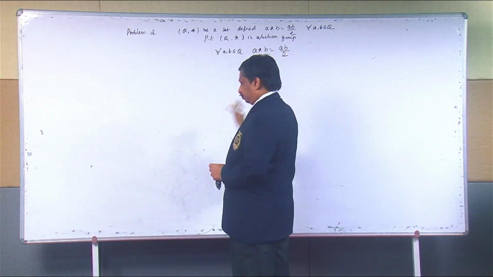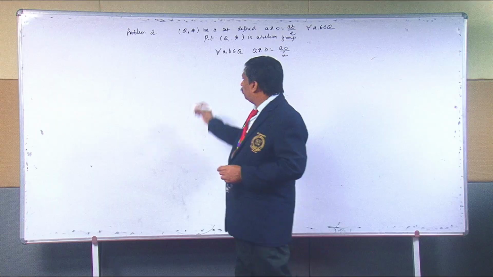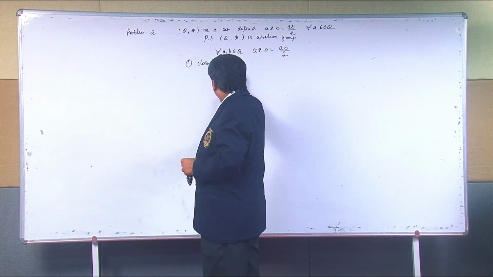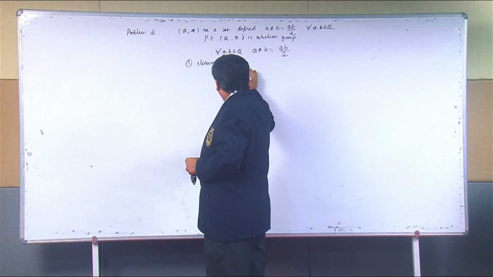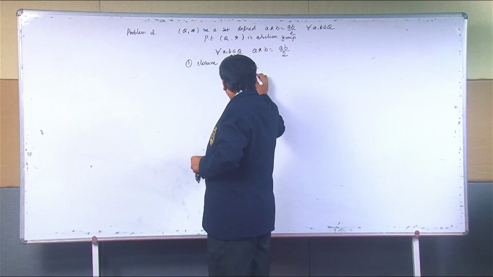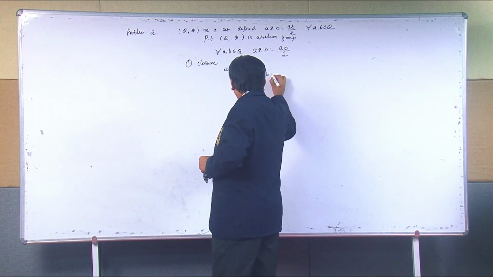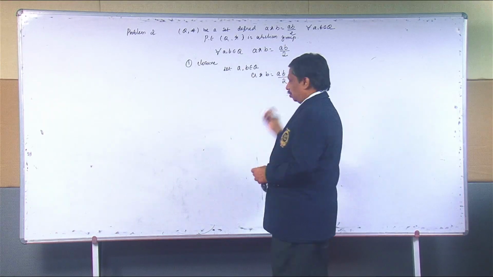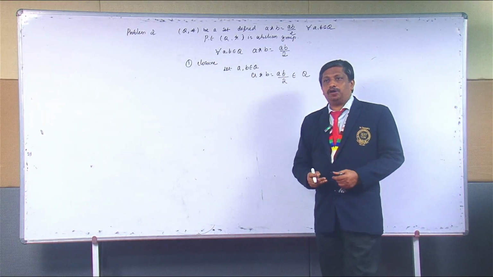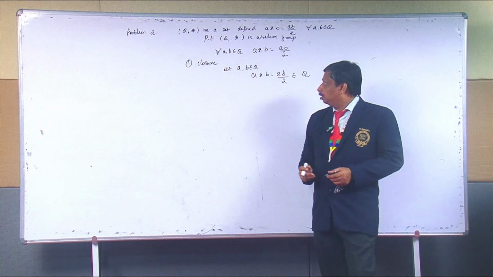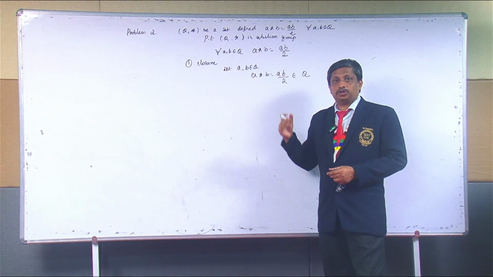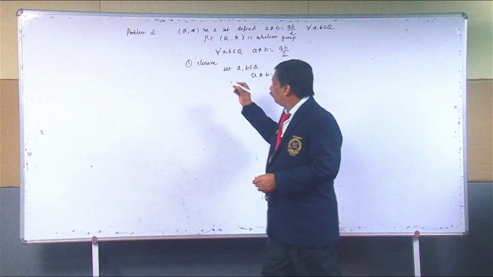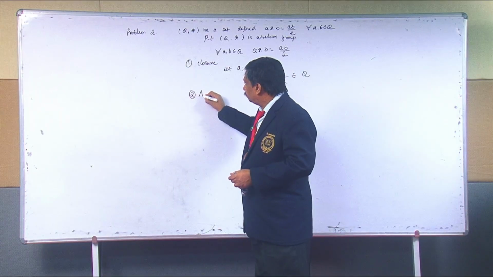This is the definition. Now we come to the closure for the problem. Let a, b belong to Q. By the definition, a star b equal to ab by 2, which also belongs to Q. Because if I choose a equal to 5 and b equal to 3, the number 15 by 2 also belongs to Q. So clearly it is closed. Next, the associative property.